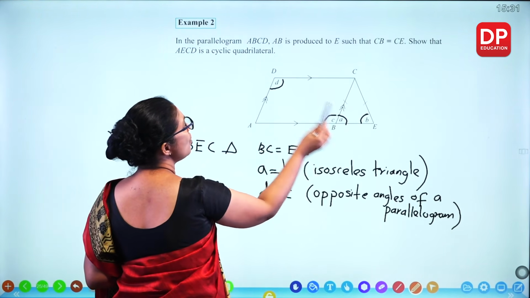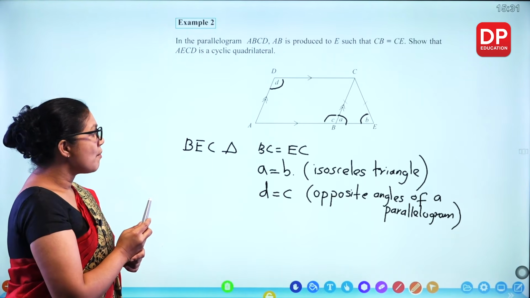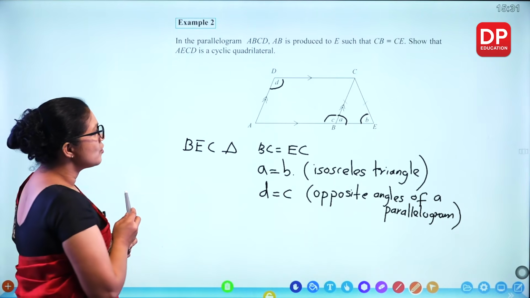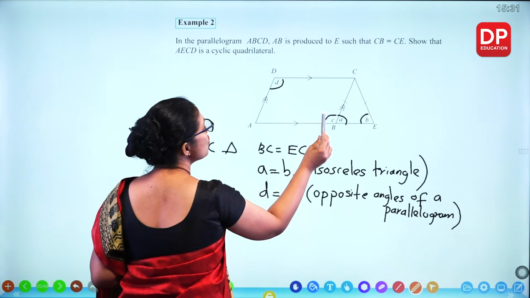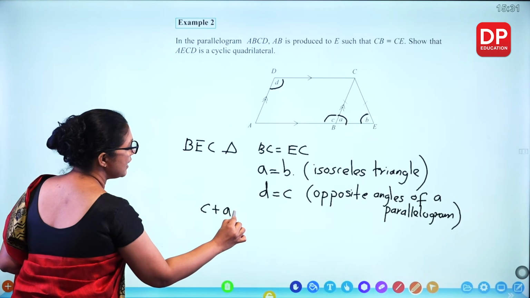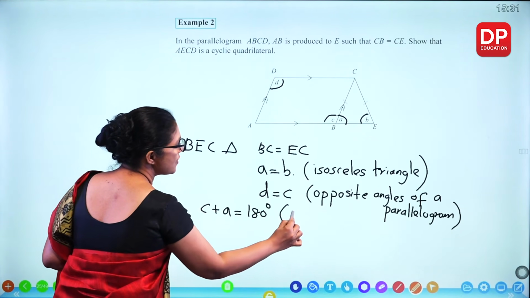Now we need to show the sum of A and B is equal to 180. So what's the relationship between these two? C plus A equals 180 because of straight angle.